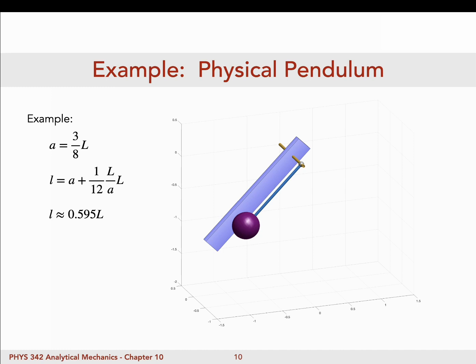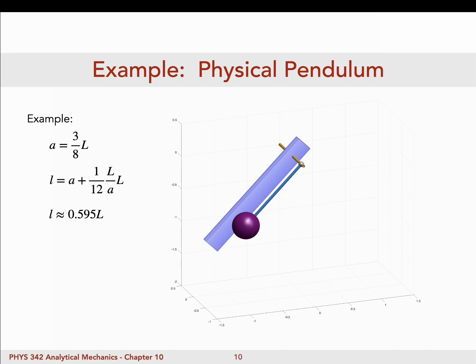Anyway, so that's where we're putting our pivot point. We calculate the length of a simple pendulum that would have that same period from the previous slide. So we just plug in a equals 3/8 here, and we get it's about 60% of the total length of the pendulum. So from here down to here would be 60% of the total length.